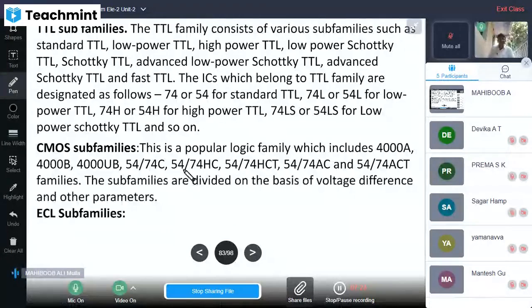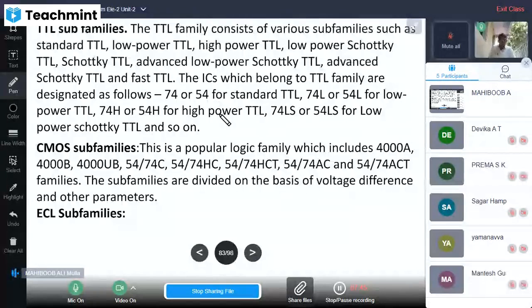They are denoted by 74 series or 54 series, 7400, 5400 for NAND gate, etc. 7408, 5408, like that for AND gate. OR gate 7432, 5432. So this is a standard one.